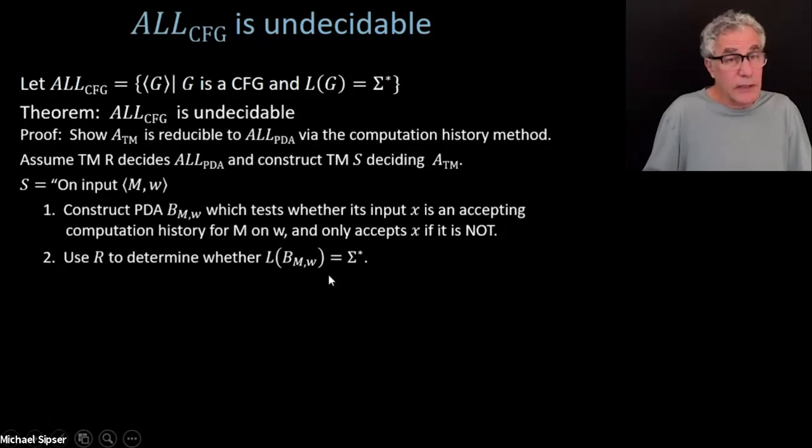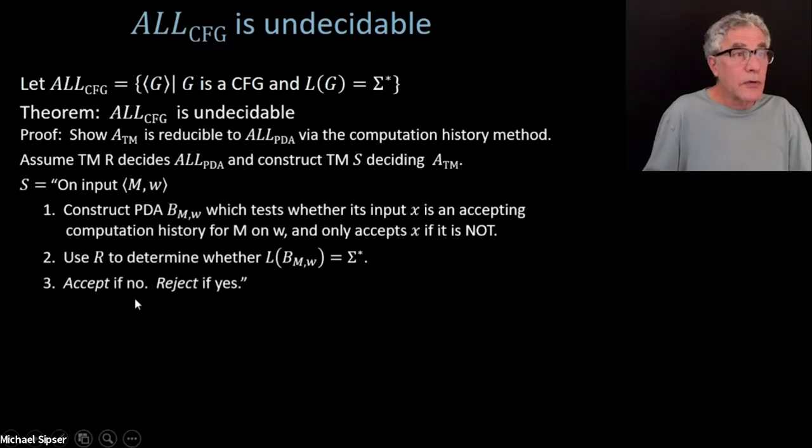So if it's accepting everything, there is not going to be an accepting computation history. So if this is equal to sigma star, then there couldn't be an accepting computation history, and so we're going to accept.